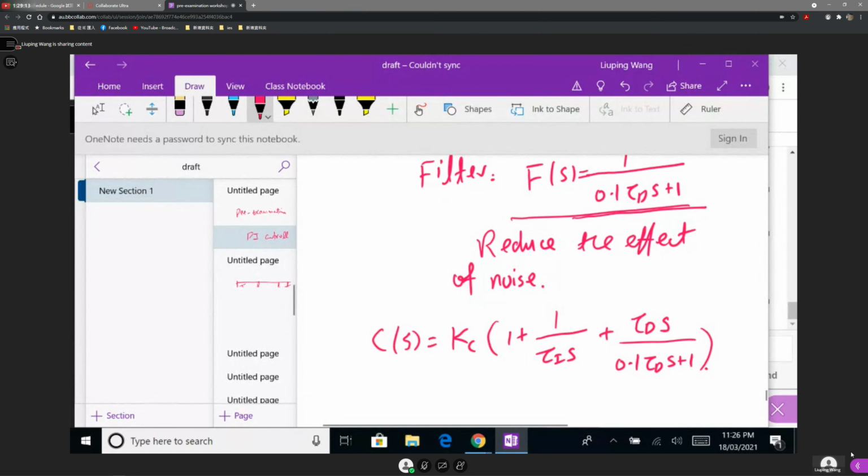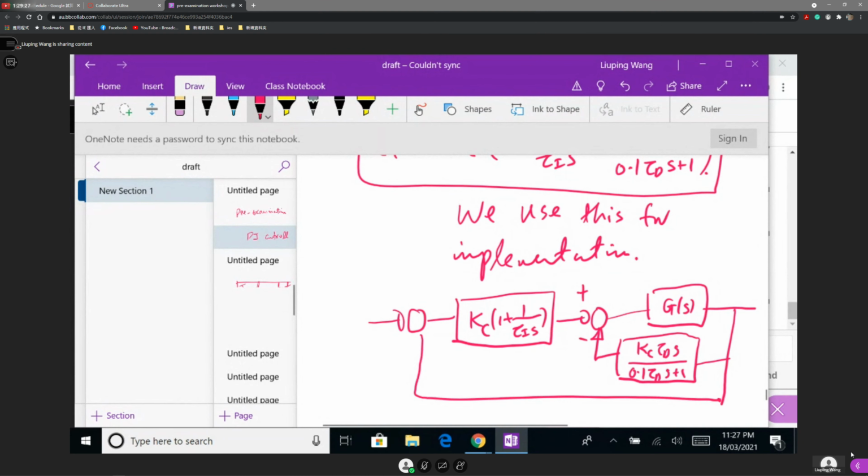So this is your filter, right? Otherwise, you're going to amplify the noise. So the system you have looks like that.